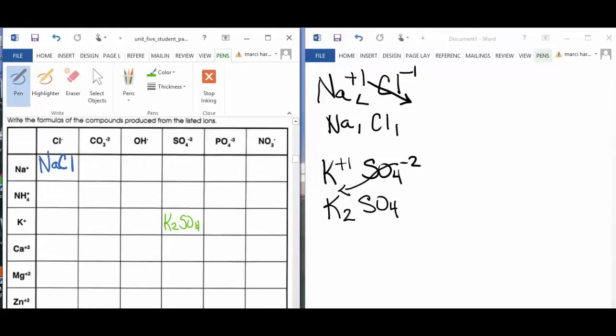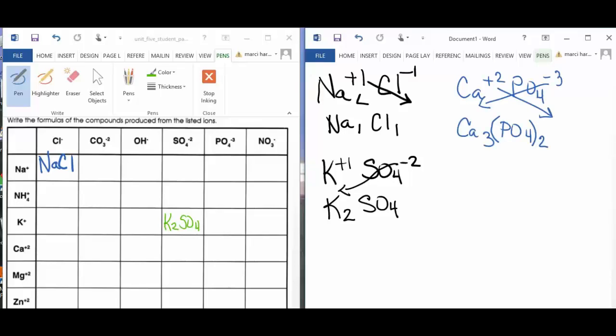Alright, let's try one more. I want to try one now that has a parentheses in it. So I'm going to choose to do calcium +2 and phosphate PO4 with a -3. Ca +2 and PO4 -3.